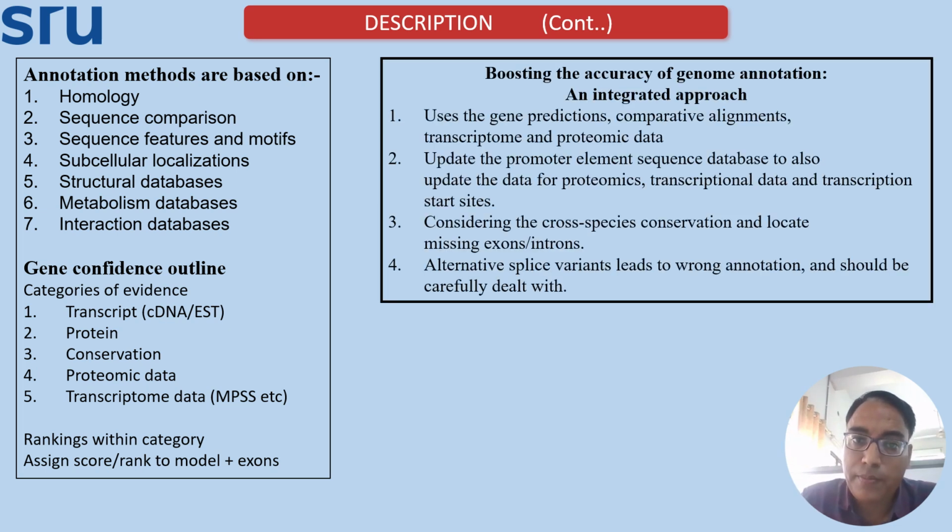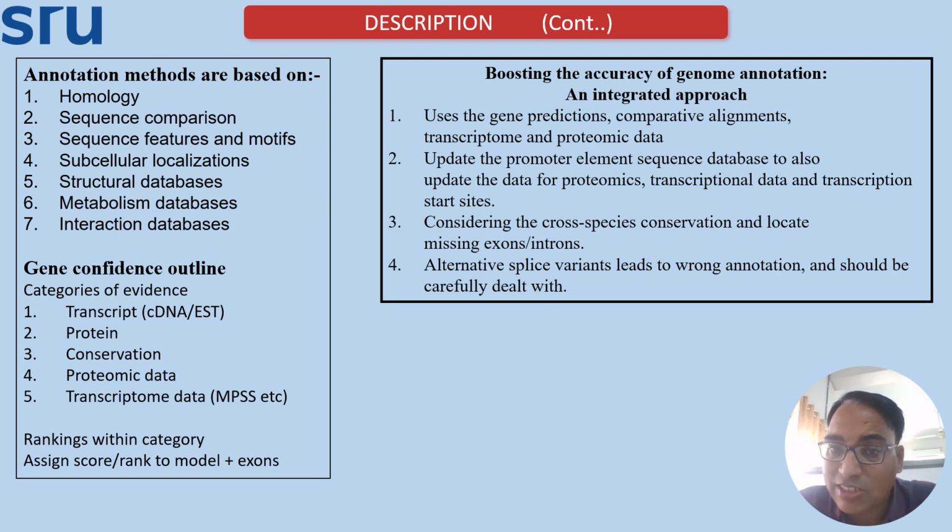So to boost the accuracy of genome annotation, I use an integrated approach. I use the gene predictions, all of them. Now I'm summarizing all of them this way. It is a single integrated approach, summing up the entire part to increase the overall accuracy of annotation.